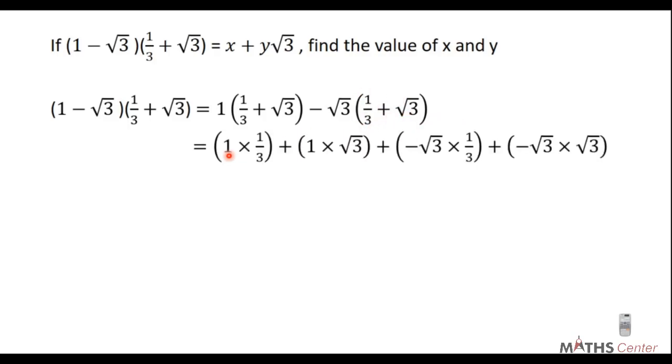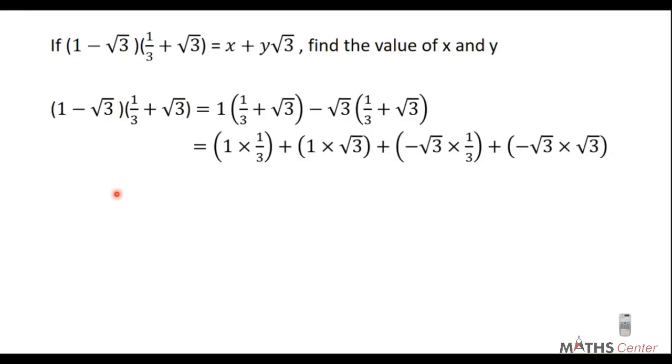So we begin with the multiplication. We have 1 times 1 over 3 here, then plus 1 times square root of 3 here, then plus what is outside the bracket here, which is minus square root of 3. So minus root 3 times 1 over 3 in here, then plus when you come here you have minus root 3 times what is here, which is plus root 3.